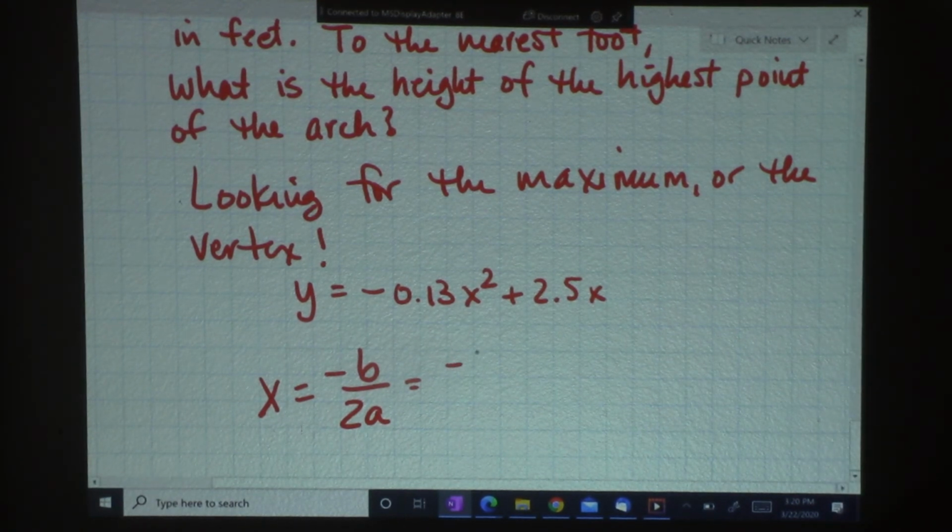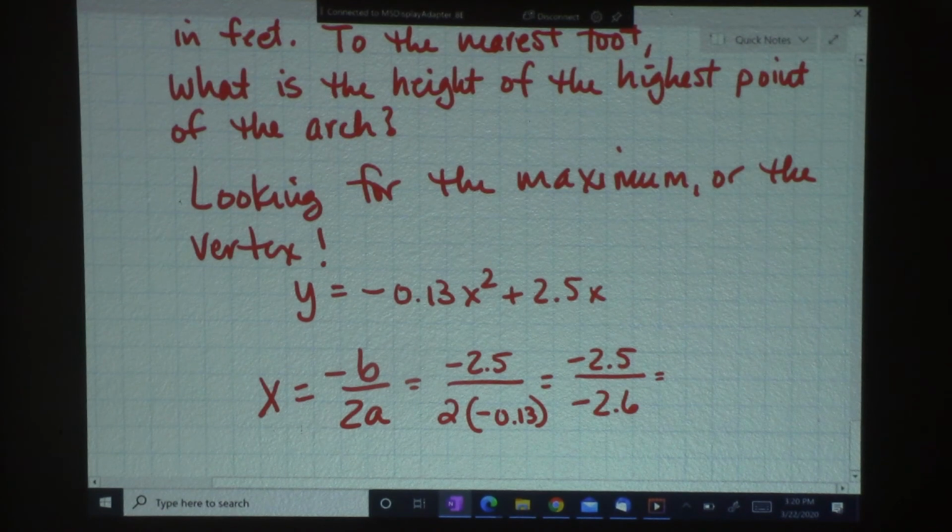So that would be negative 2.5 over 2 times negative 0.13. So I get negative 2.5 over negative 2.6. And if I work that out with a calculator, I get 9.6 feet. So the x coordinate is 9.6 feet.